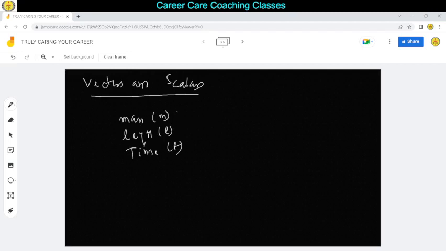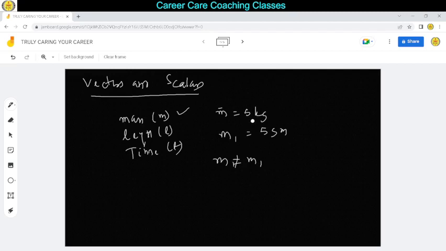Suppose you consider a case, in case of mass, suppose this mass is 5 kg. So m is equal to 5 kg. m1 is equal to 5 gram. We cannot write m is equal to m1. M is not equal to m1. Why?